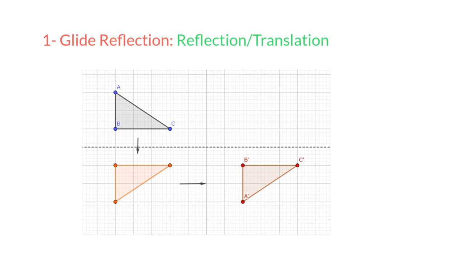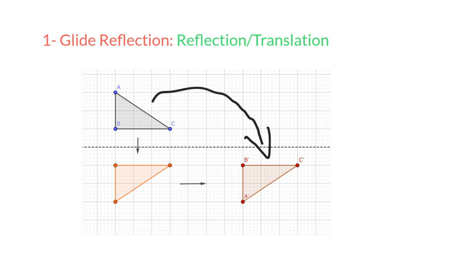So ABC was the original, and A prime, B prime, C prime was the result. Going from here to here is called a glide reflection. So now we can say that A prime, B prime, C prime is a glide reflection of triangle ABC.